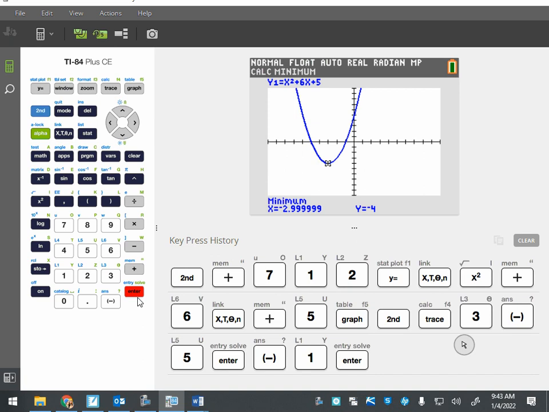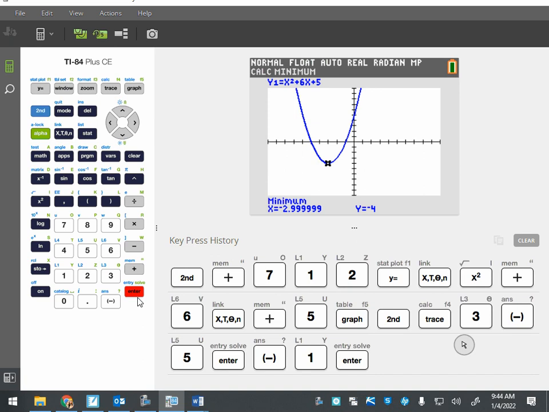Okay? So your minimum, I'm going to write on the board so we don't forget, is -3, -4. Okay? -2.99994 is -3. That is one way to find the minimum. Some of you will figure out very quickly another way.